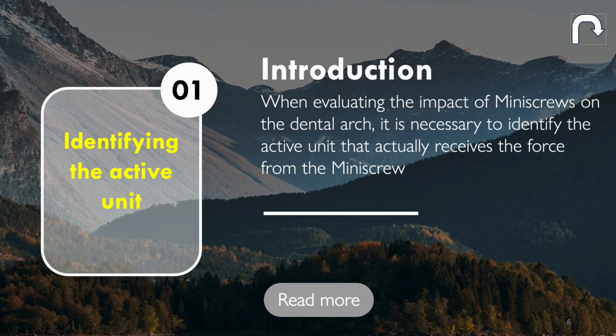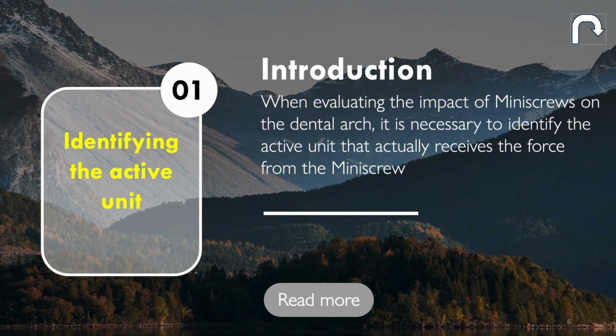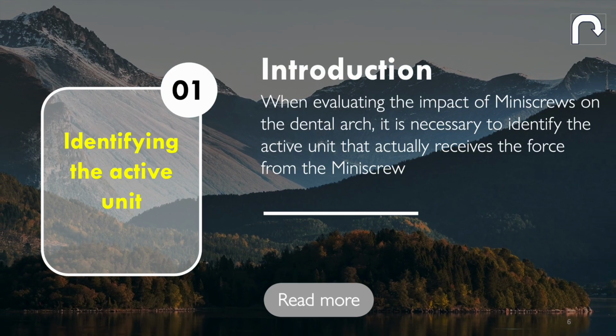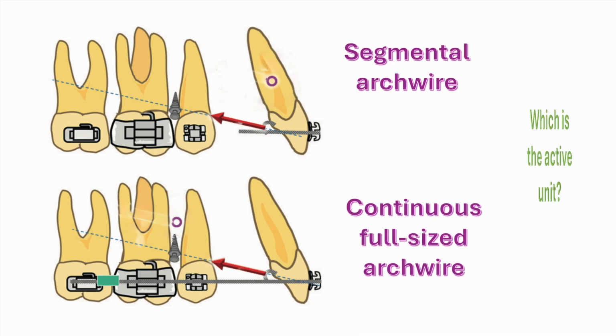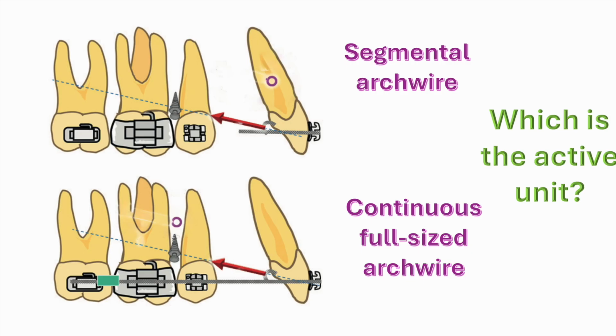When it comes to miniscrew mechanics, the first thing we need to do is identify the active unit. Look at these two pictures. Both pictures have the same thing: we put the miniscrew between tooth number 5 and number 6.